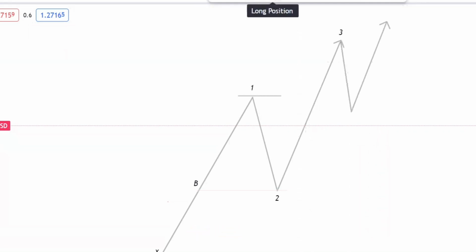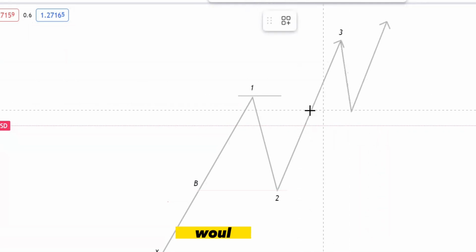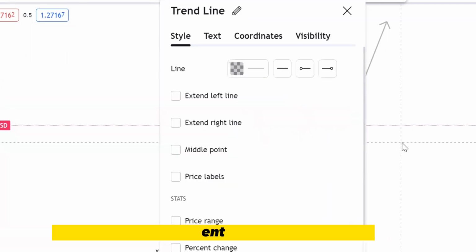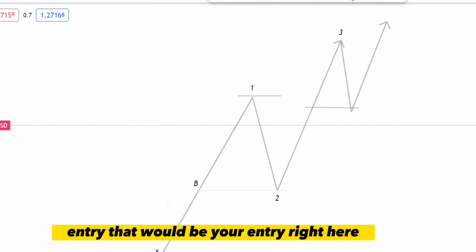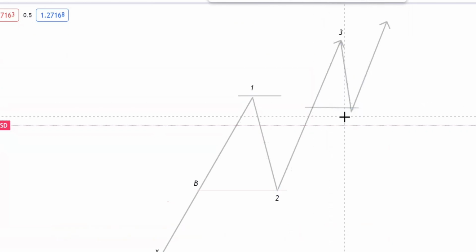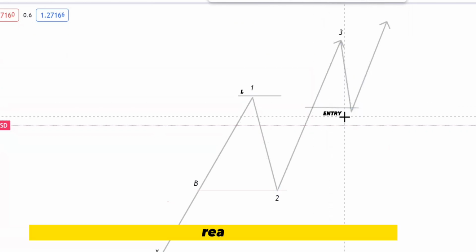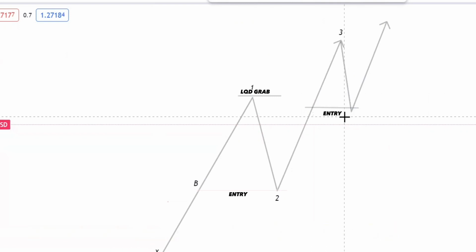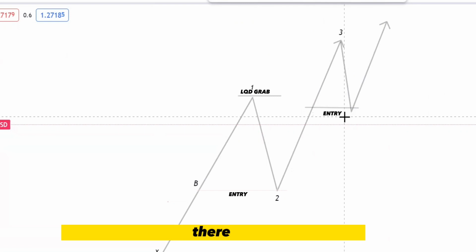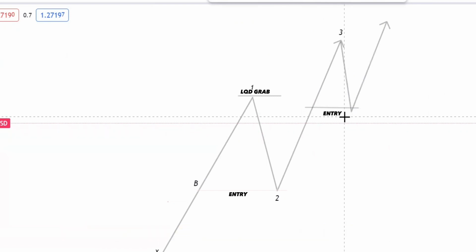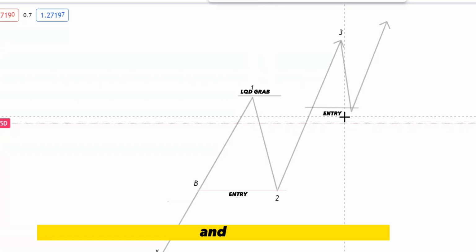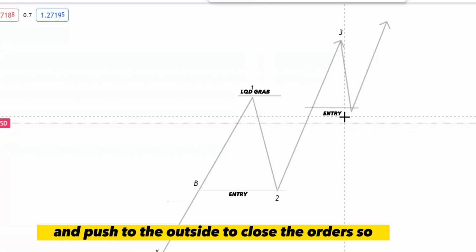That would be your entry right here. Reason is, every time a market creates a new leg, there are orders sitting over there. So the market will normally come there and push to the upside to close the orders.